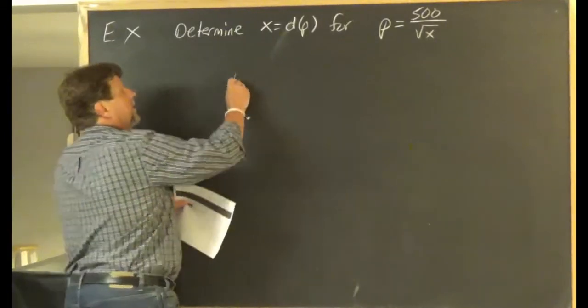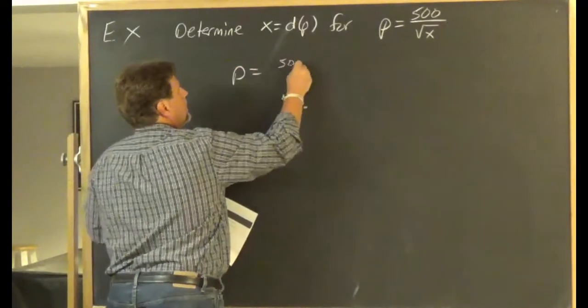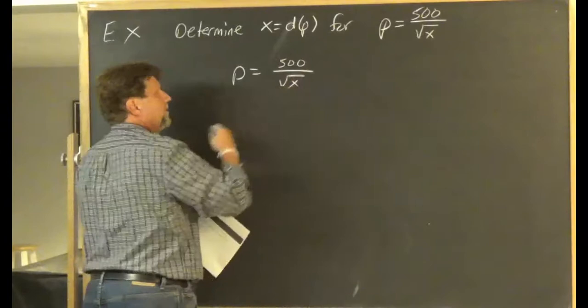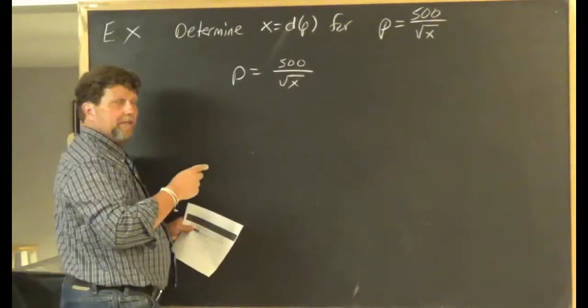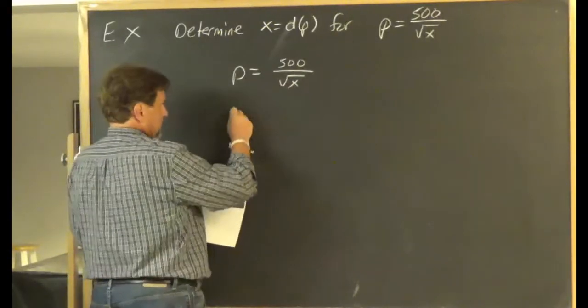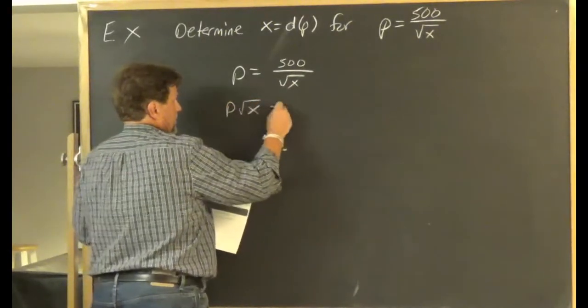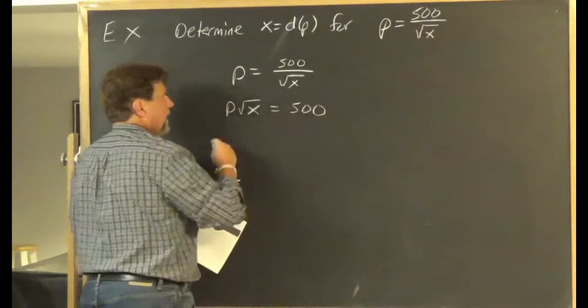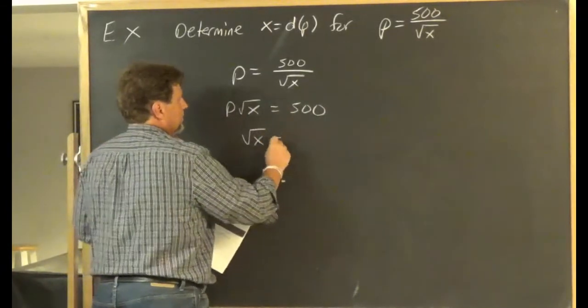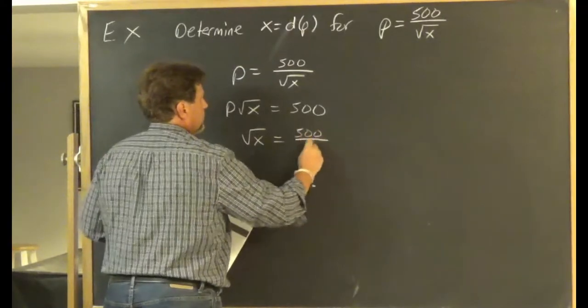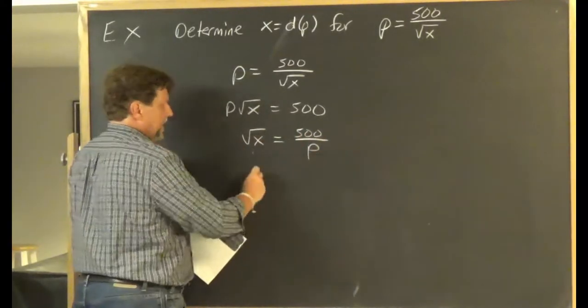So to solve this for X, I would start off by just multiplying both sides of the equation by square root X. Then divide both sides of the equation by P. Then square both sides.